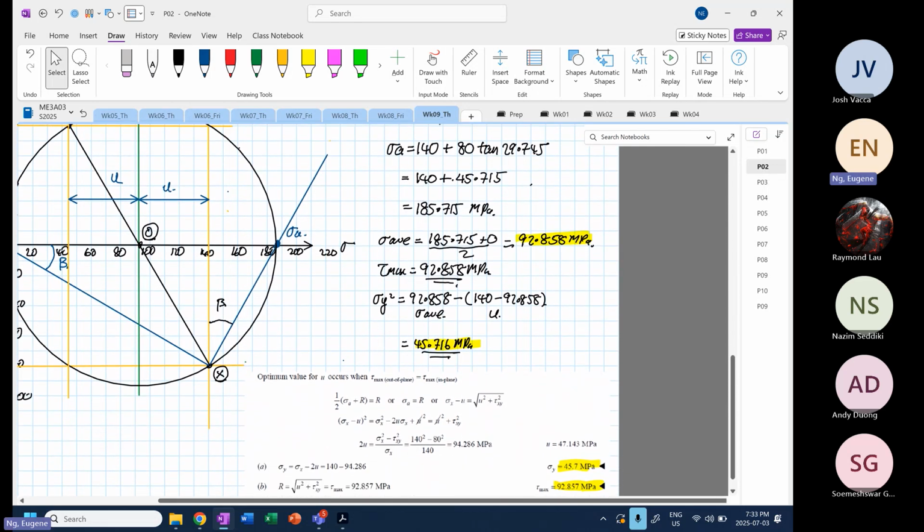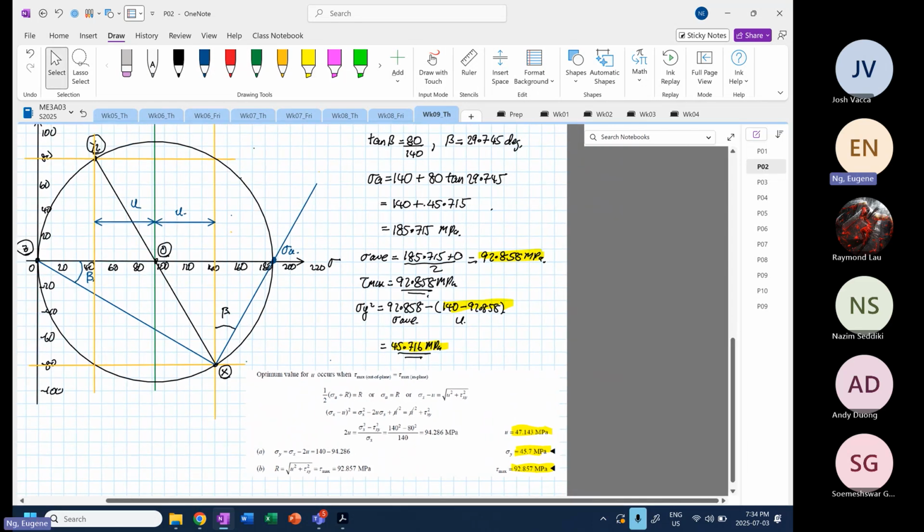And then we have our U, we calculate our U to be here, right? So 140 minus 92.858 is also 47.142. Exactly the same, okay? Don't memorize that formula, it's ridiculous. Do the way I teach you. It's so much easier, okay?